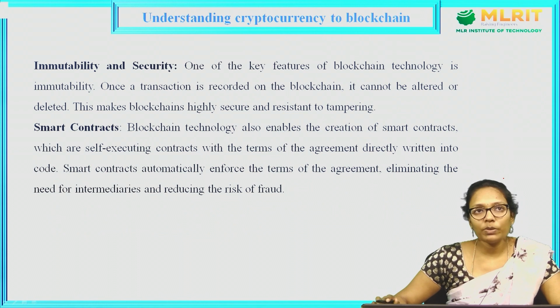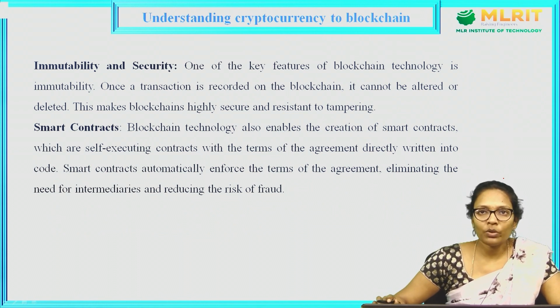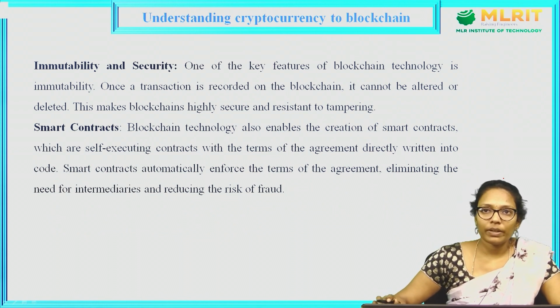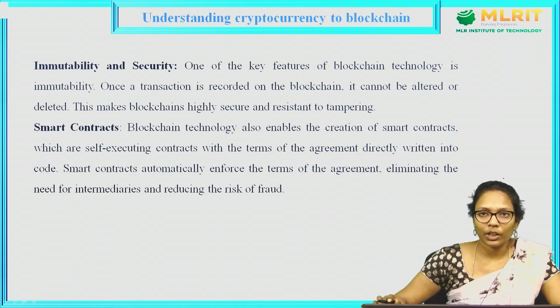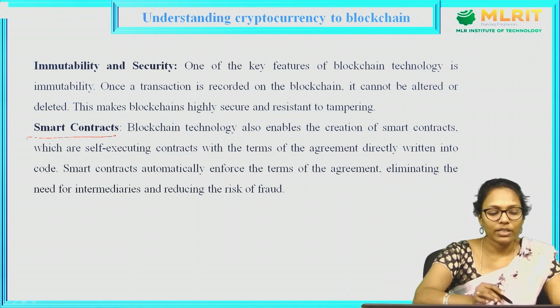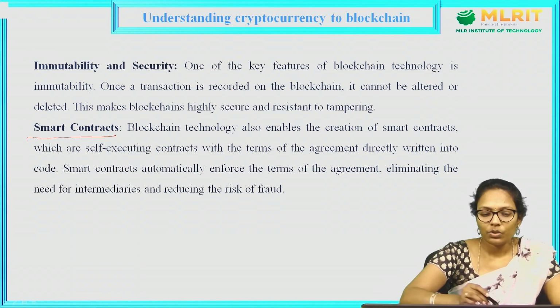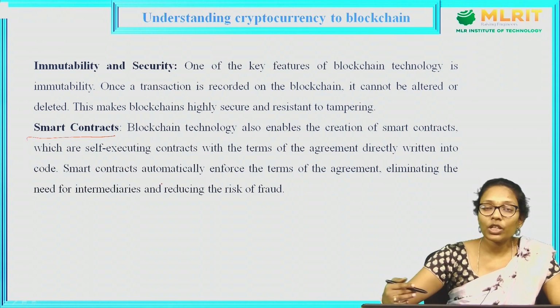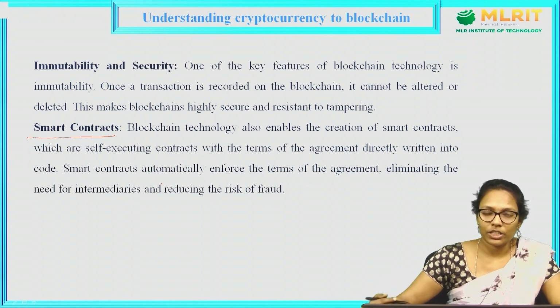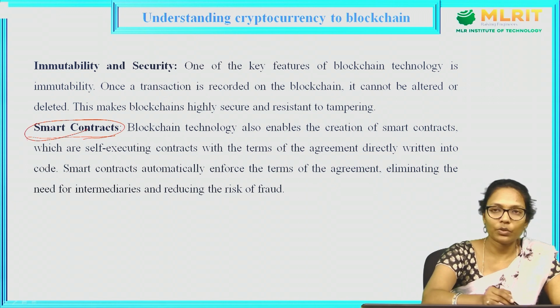Immutability and security. As we know, blockchain is immutable. Once I write any transaction into the blockchain, it cannot be modified. It also provides security by using consensus mechanisms. Smart contracts are code or programs which are executed on the blockchain. They automatically execute upon satisfying some condition, so these are self-executing code.